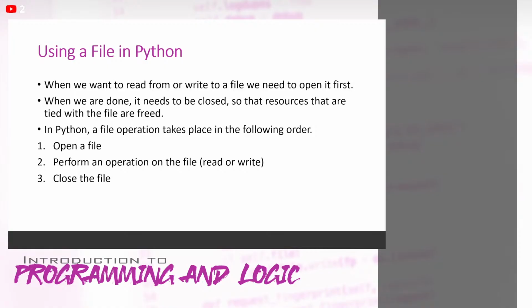But the first thing we always have to do is we always have to open the file. And then we can perform an operation on the file. Right? We can read the data off of it, manipulate that data, write it back, do whatever we want. And then when we're done, we close the file, put it back into the filing cabinet to where we can use it later.